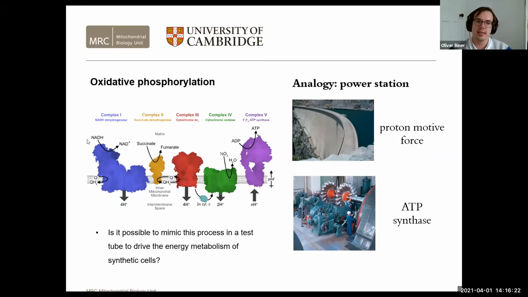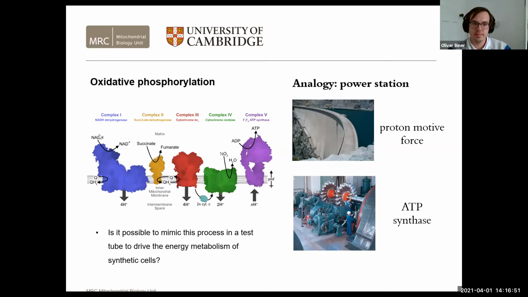So our group looks at the structure and mechanism of this complex, but also its involvement in diseases and how we can produce new therapeutics to overcome diseases involving that complex. I am mainly interested in using it in synthetic biology applications. So I try to approach the research in our lab from a bit of a different angle.